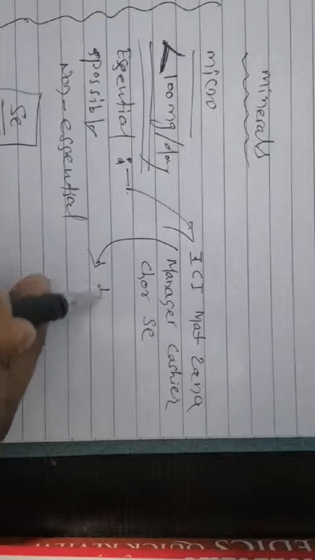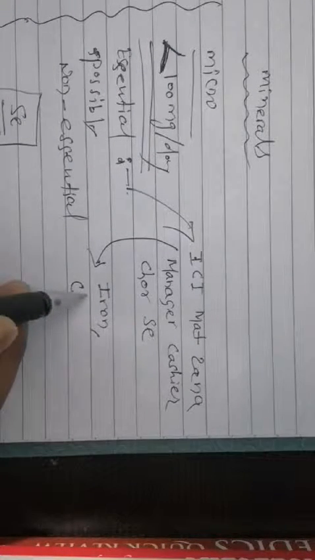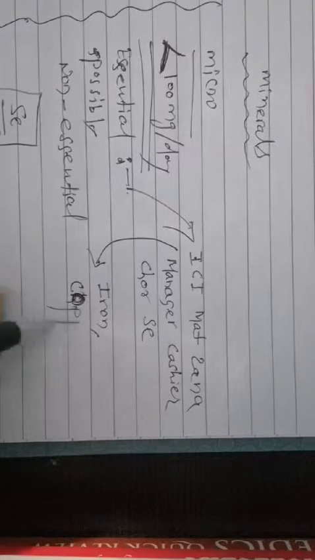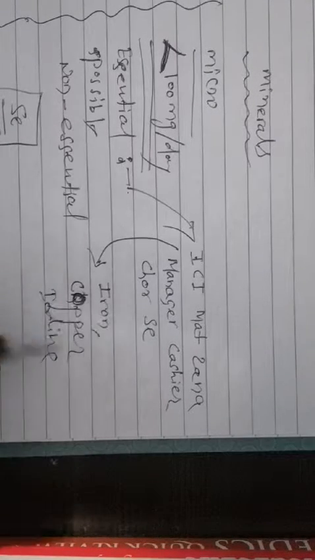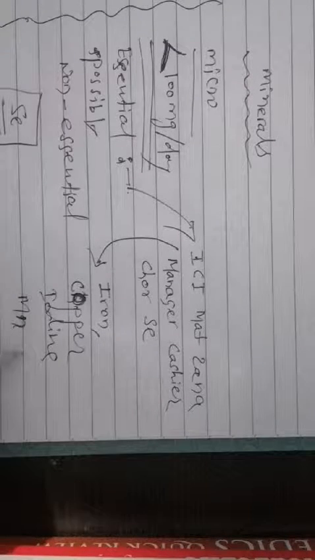What is ICI? I for iron, C is for copper. C is not for chromium, it is for copper here. Then I is for iodine, M is for molybdenum, M is for manganese, Z is for zinc.